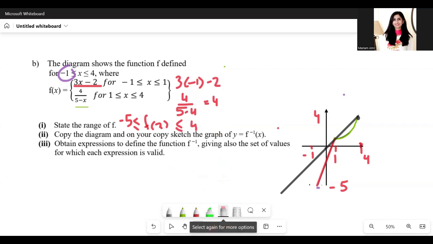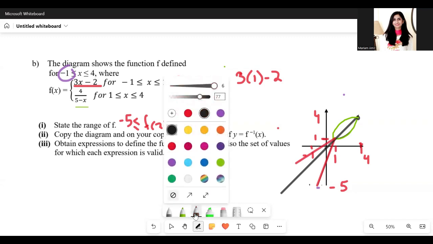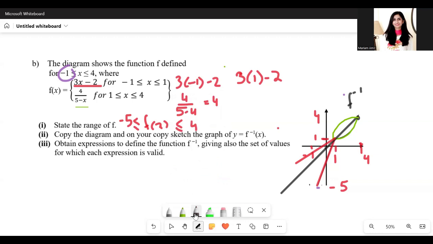When x is 1, you could use either the upper equation or the lower equation because both of them have 1 in their domain. So that's also 1. So when x is 1, y is 1. All right, so then the reflection is going to look like this, and the other line would pass somewhat like this. So this should be the graph of f inverse of x.